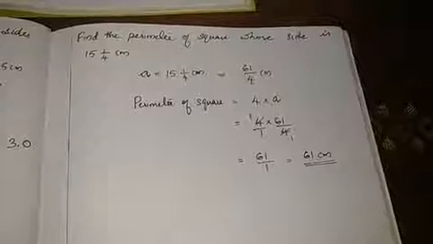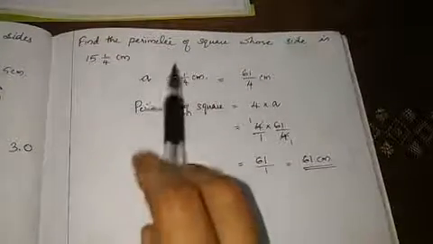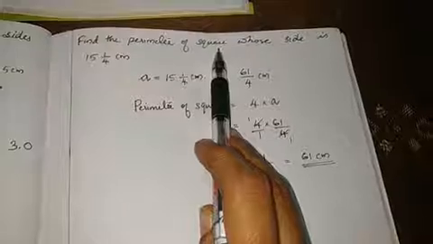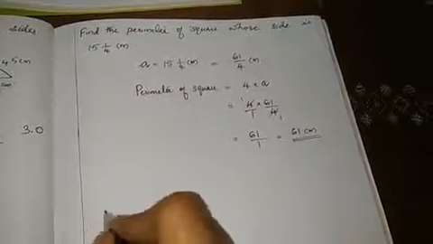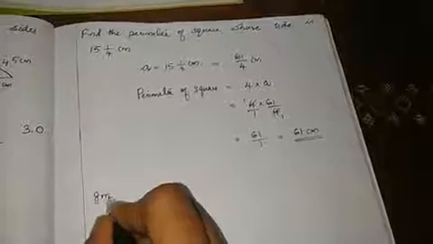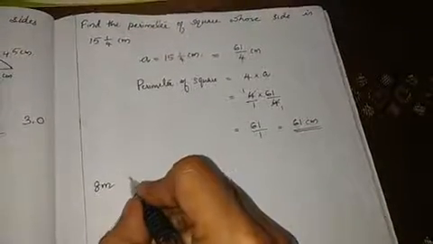Next question. Find the perimeter of a square whose side is 8 meter 30 centimeter. So when you get this type of question, I have told you while we are teaching about rectangle. Here there is only one side.